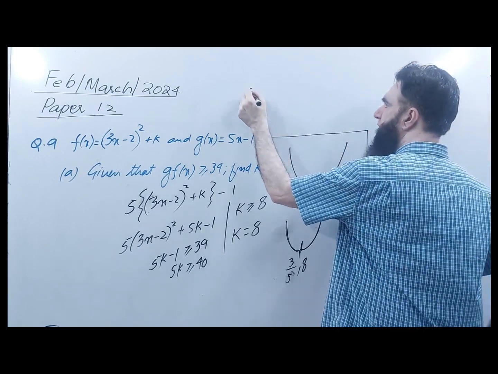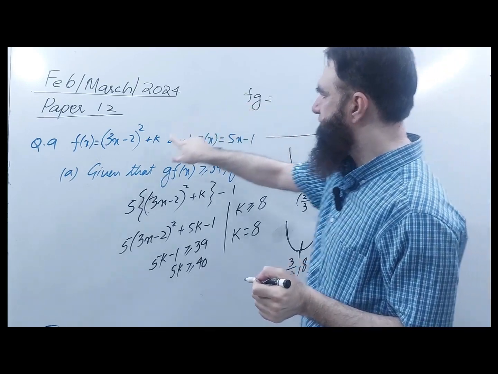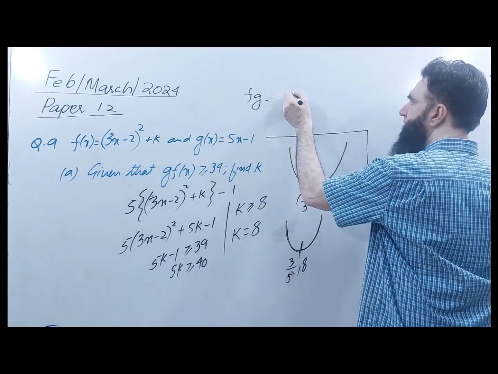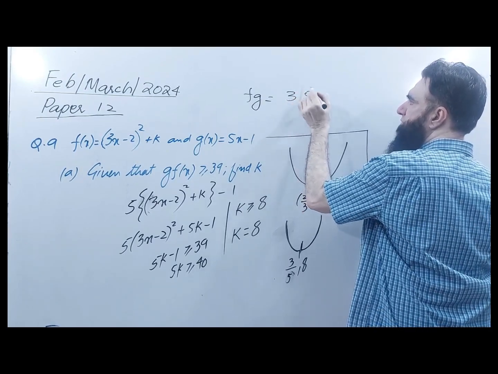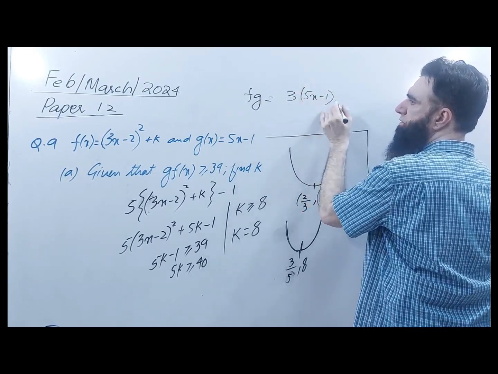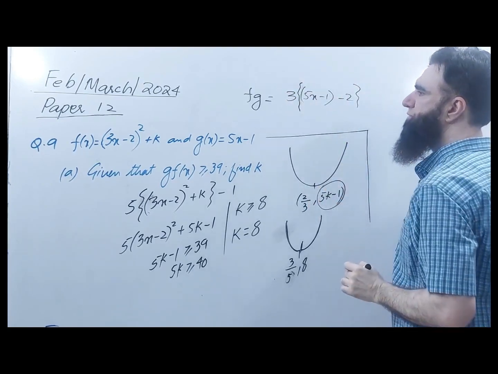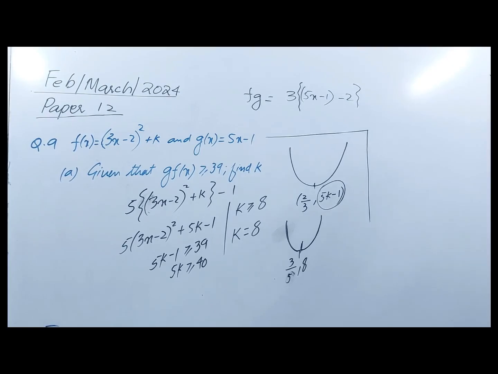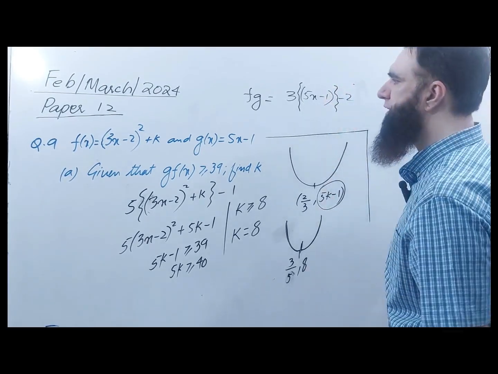Now, fg function, we do it here. We first find the fg function. What is fg? You put g in function f. So what you do is 3 times 5x minus 1 minus 2. This is 3x. I'm sorry, there's minus 2 will be here.